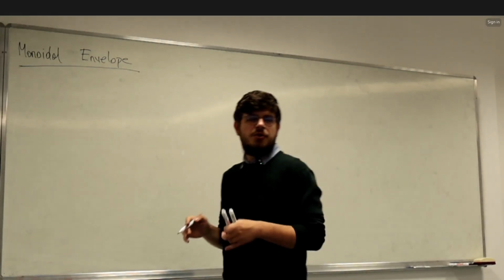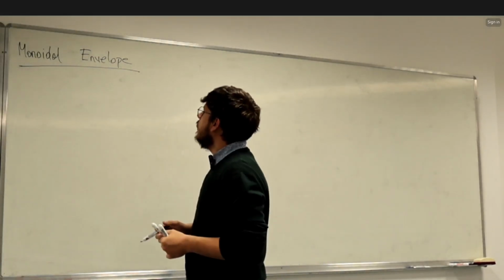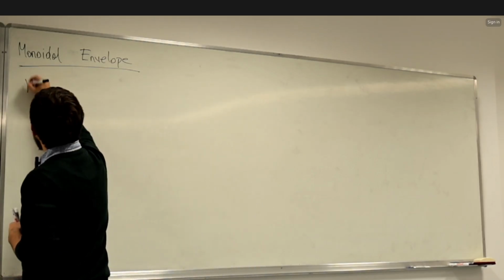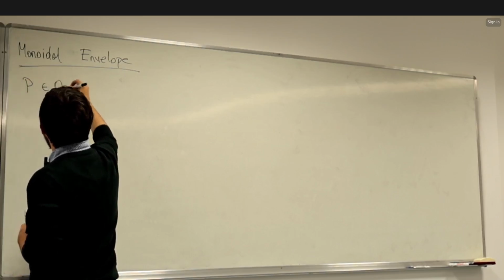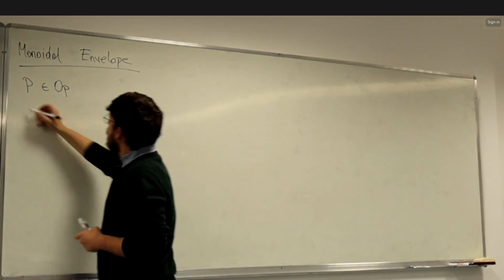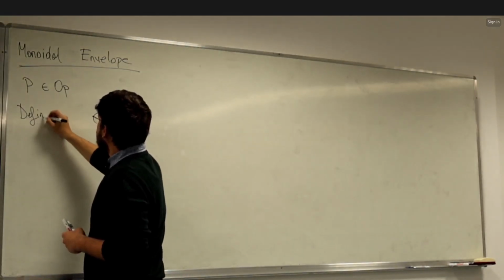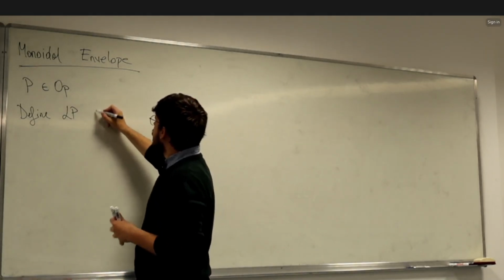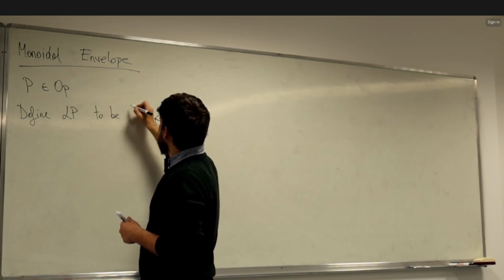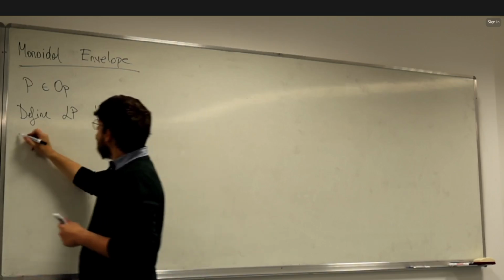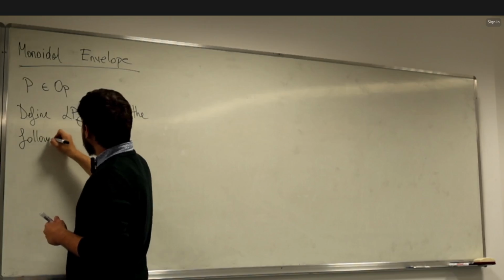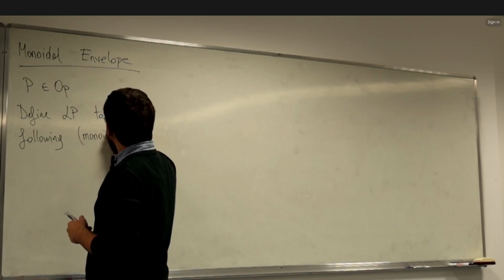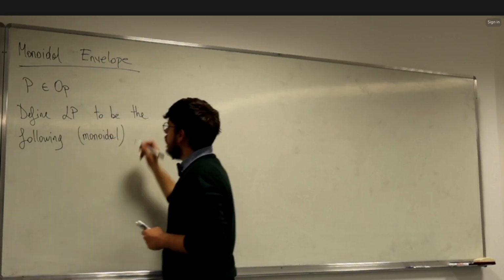So the terminology is due to Lurie, but the notion is not due to Lurie. So let P be an operad. So define L of P to be the following, which turns out to be a monoidal category.